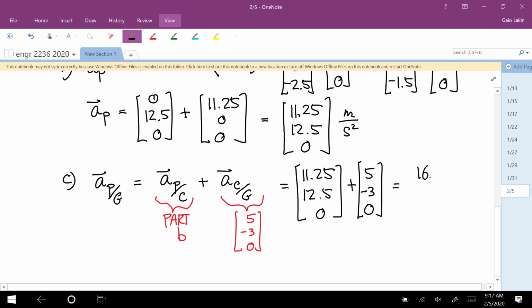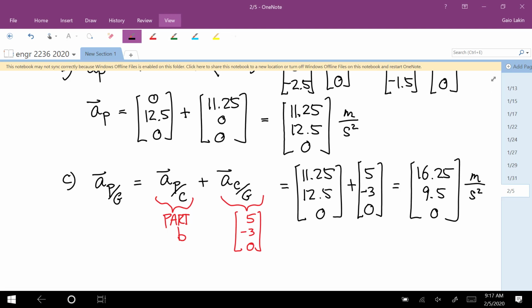And that's 16.25, 9.50. Any questions about that?